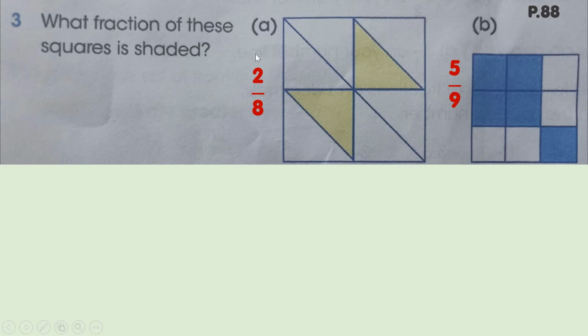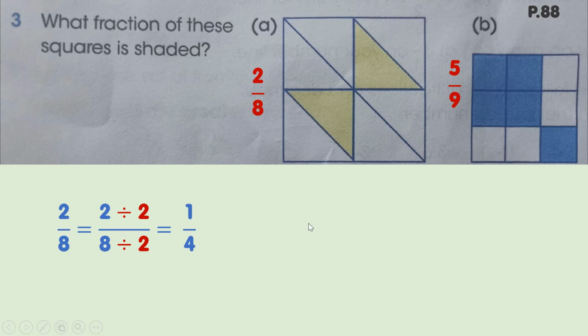We can simplify this one and find out the fraction of the cells that is shaded by dividing both numerator and denominator by 2, because we need our numerator to be 1, just like the other examples. So if we divide by 2, 2 divided by 2 is 1 and 8 divided by 2 is 4. So 1/4 of this figure is shaded.